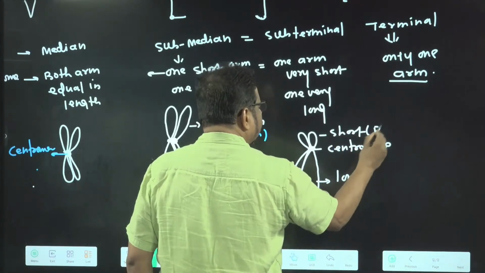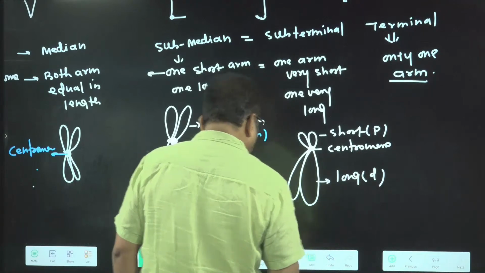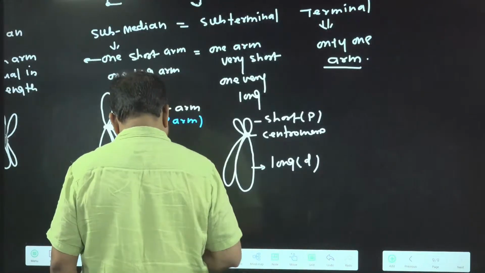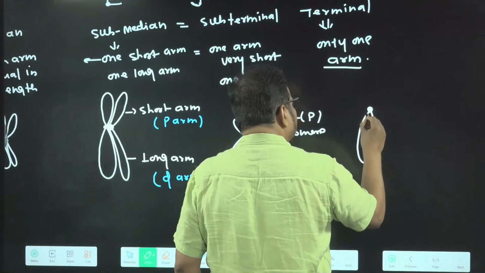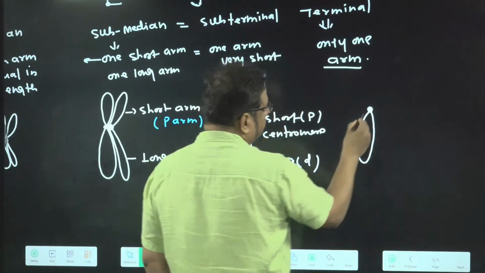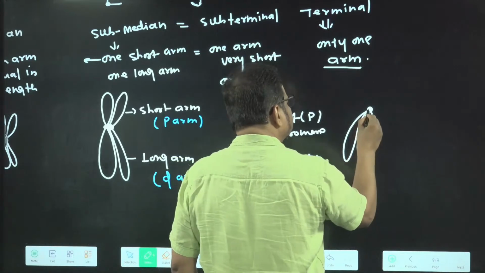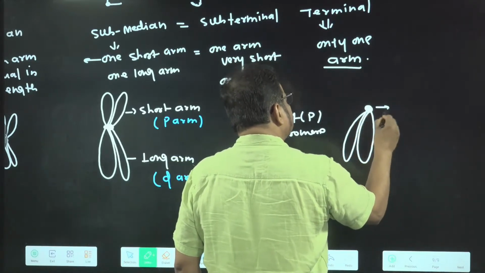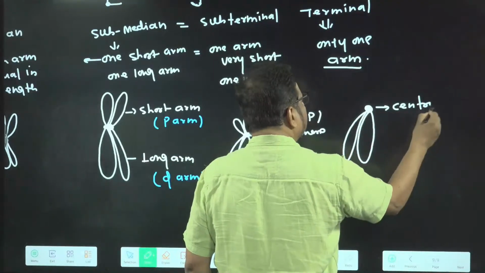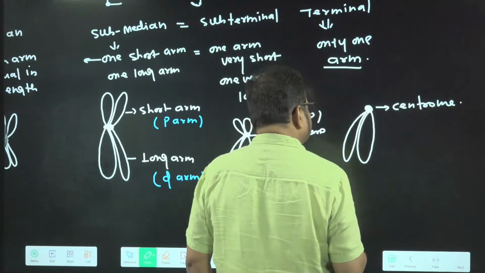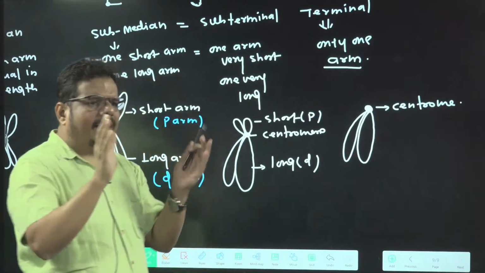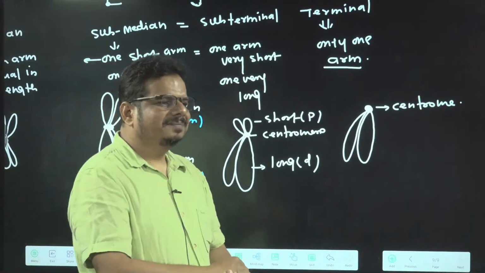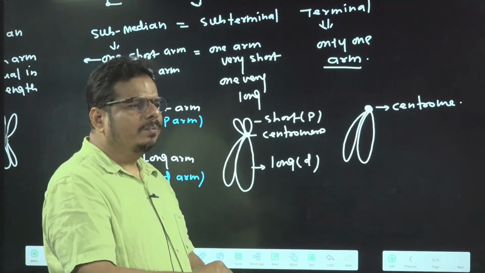Also P, Q. Now I am coming to telocentric. Telocentric has how many arms? Only one arm. You will find both arms are not present. The centromere is present on the tip. Terminal, it is telocentric. Now when you refer to the NCERT diagram, third diagram and fourth diagram.